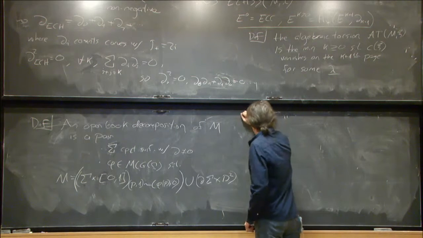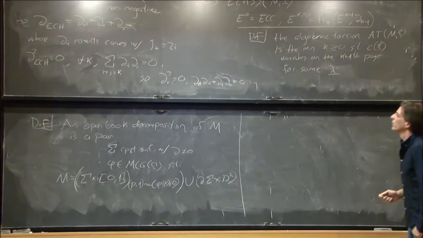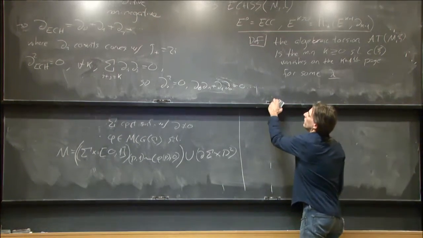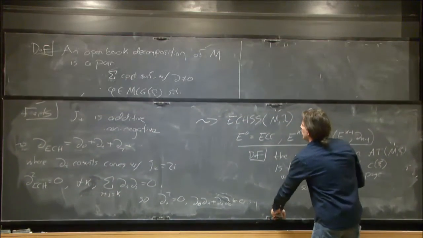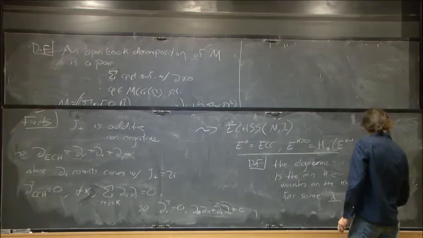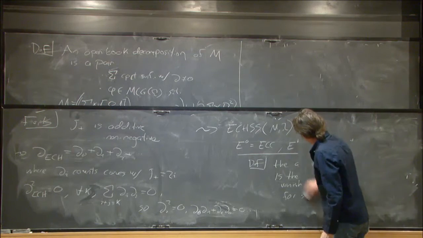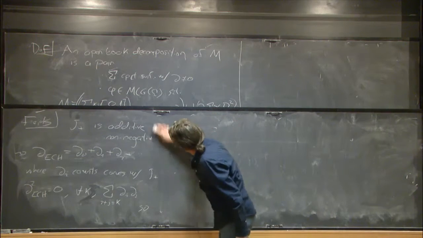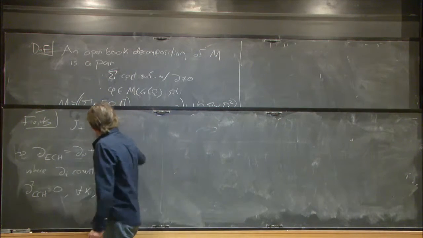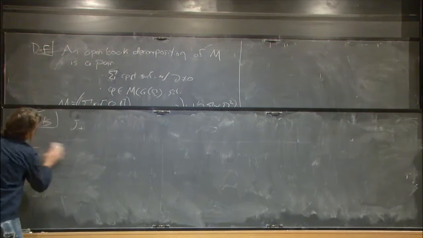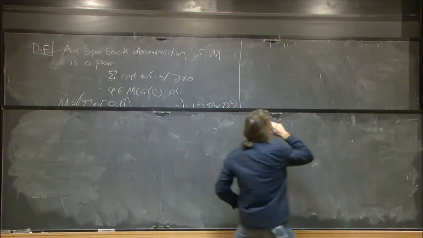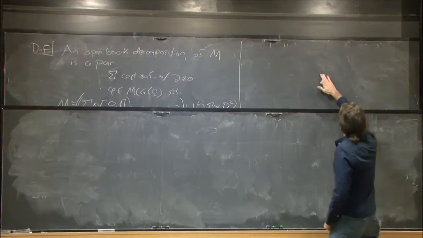So what then do we do with this? Actually, I want to use a whole board for this because this is going to be a big picture. So what's the connection of these things to contact topology?